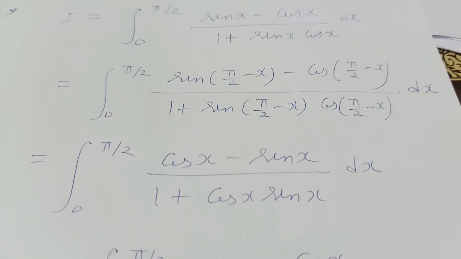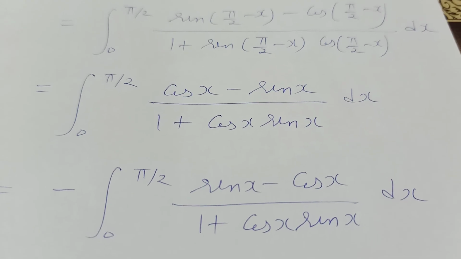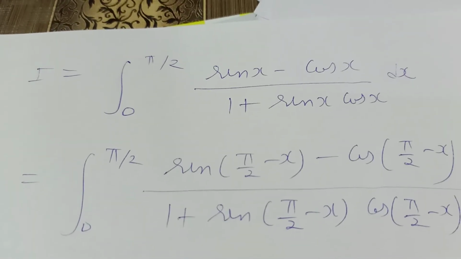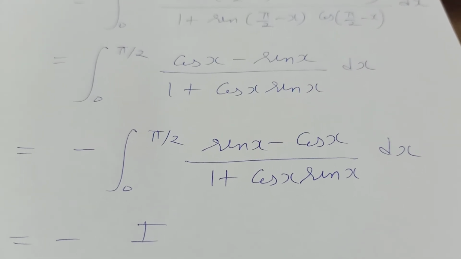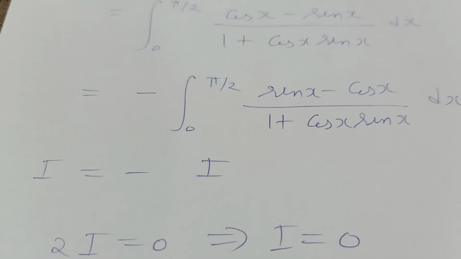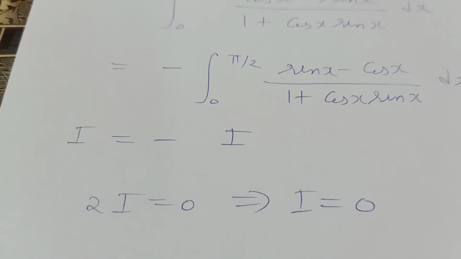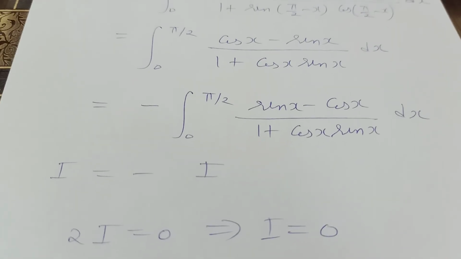If we take minus common, then you can easily observe that we get the original integral of the question. So there is I, and we will get I equal to minus I, or 2I equal to 0, that is, I equals 0. So this completes the solution.